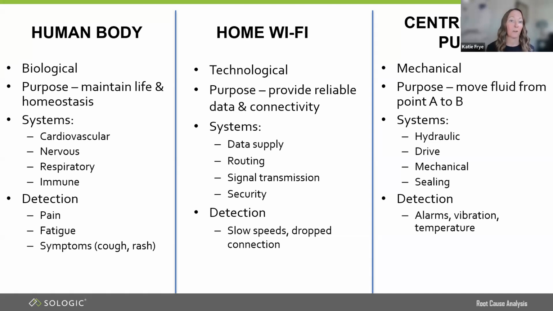The body has the cardiovascular, respiratory, nervous systems, and others. A Wi-Fi home network has data supply, routing, and signal transmission systems, and pumps have hydraulic, drive, and sealing systems. So here's the key takeaway: FMEA is not about the asset, it's about how we break down and understand the asset systems.